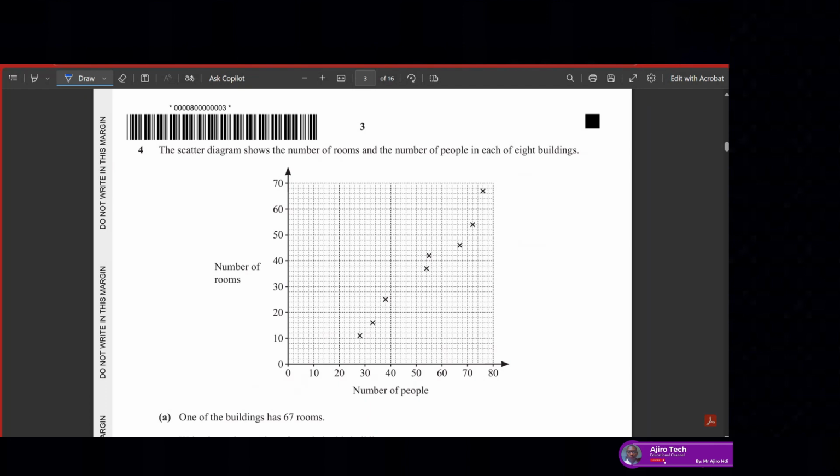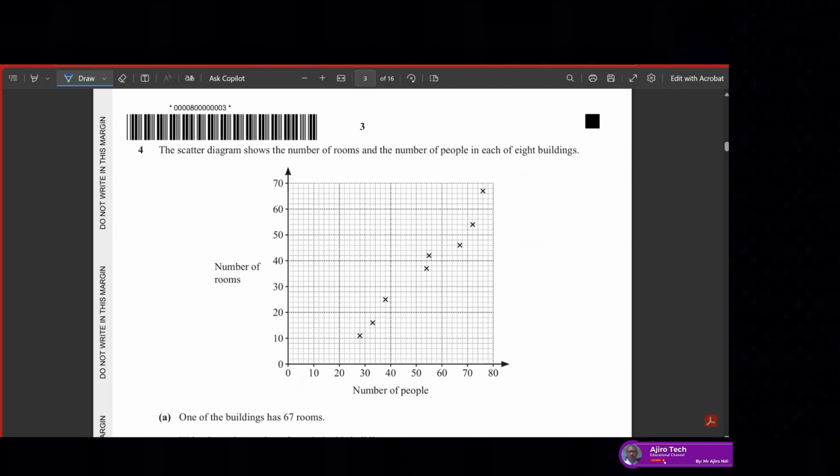Now, we have 3 types of correlation. We have the positive correlation, the negative, and no correlation. It's like saying there's no business here.